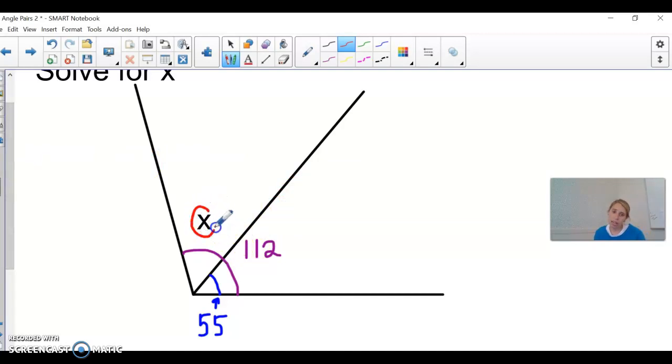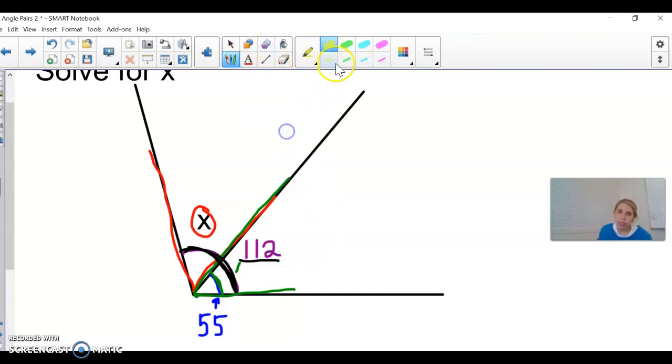Because if this is X's little apartment over here in red, and then we've got 55 right here, and if this is 55's apartment, then we see that they share this line in the middle, right? Red has it and green has it, so they're sharing. The whole angle, though, for both of those pieces equals 112.